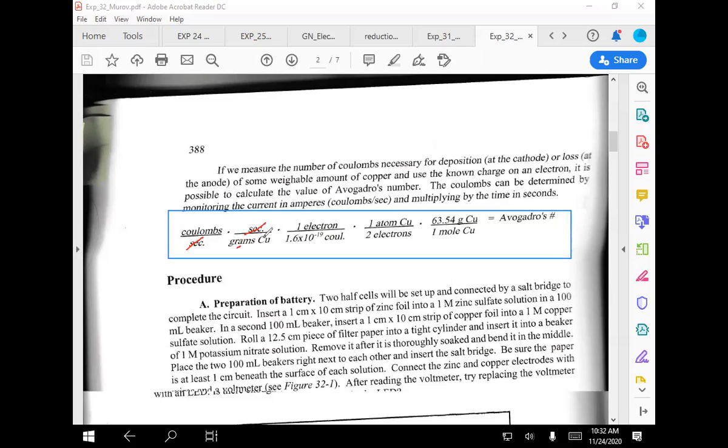And then ultimately your grams of copper would cancel with this grams of copper. This is from your periodic table. Okay, this one electron per 1.6 times 10 to the minus 19 coulombs is a constant. So you will be using that constant at some point. And you notice the coulombs would cancel.